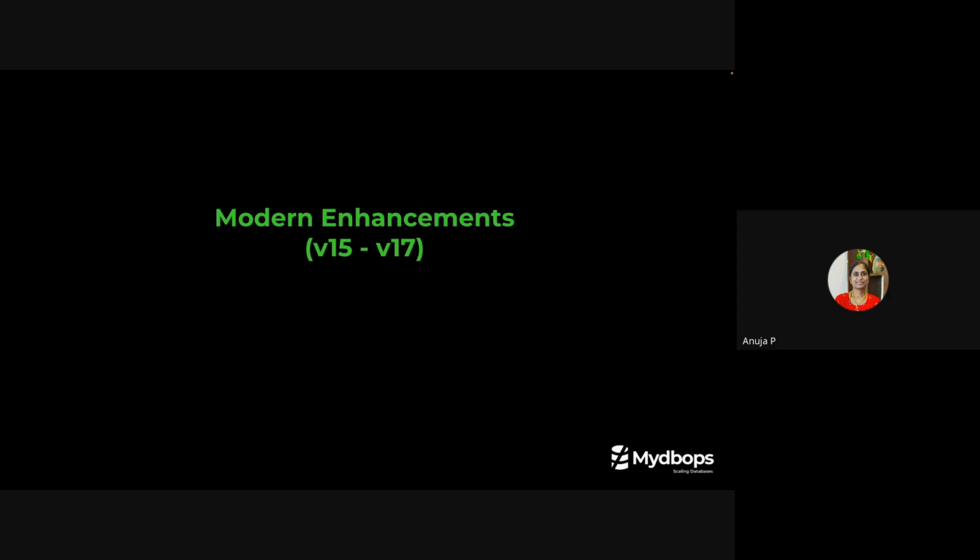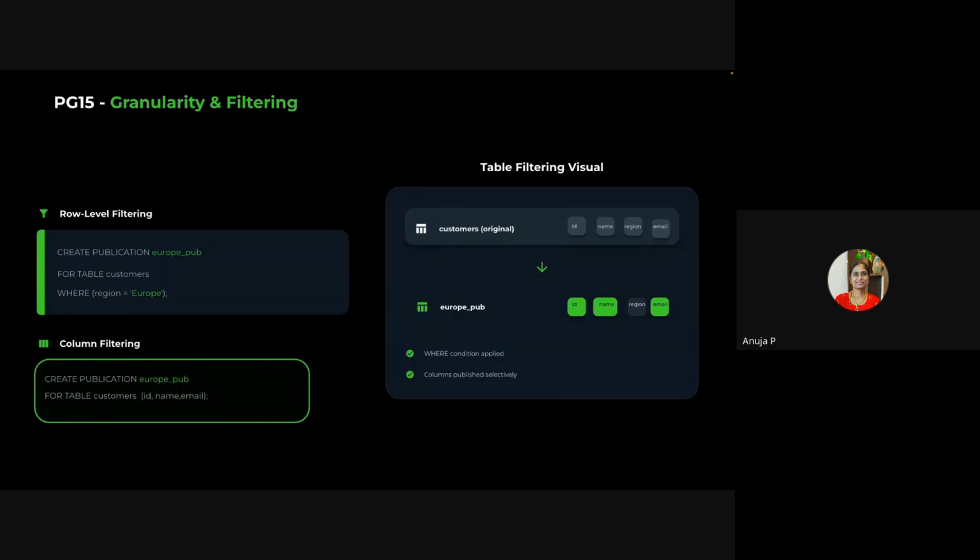So what were the further enhancements in replication? In Postgres version 15, we had granularity and filtering options. Till now, we evolved from the whole database cluster being replicated, then we went for table level replication.